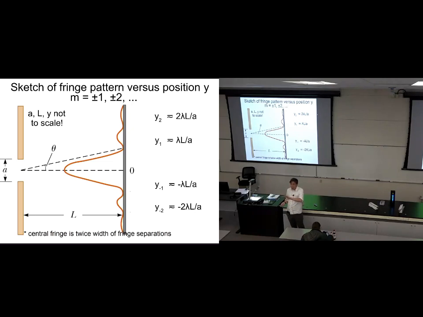That's the location of the first dark fringes, and then for the second dark fringes, it's just 2 lambda L over a, because we needed twice as much path length for the second dark fringe. For the third dark fringe, it's not labeled on here, it's 3 lambda L over a, because you need 3 times as much path length for destructive interference for the third dark fringe. And so these are equations that are often more useful because they're in the language of the slit width and the screen distance.